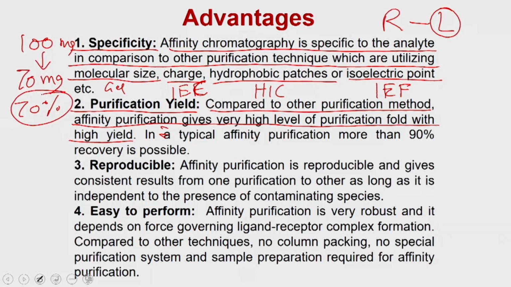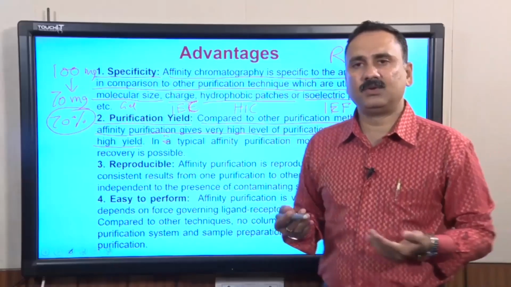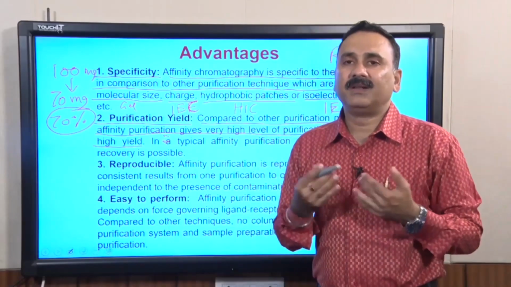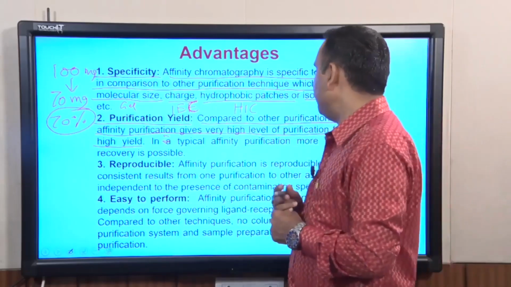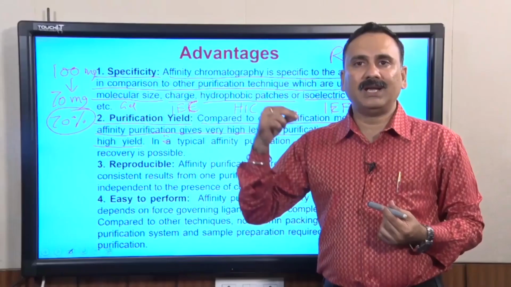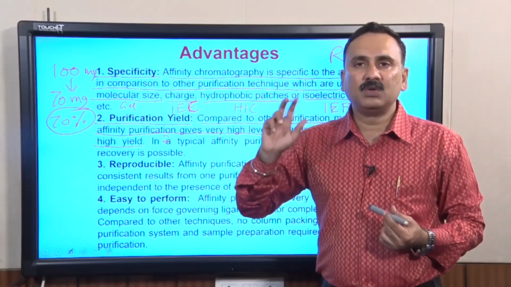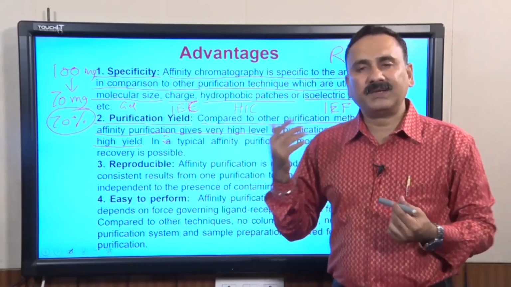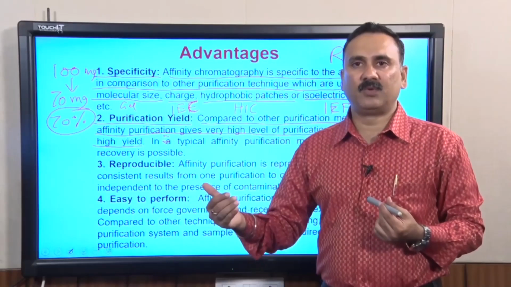So, if you divide 70 by 100, you get 70%. That is why the yield is very high, which means even if you have a very small amount of protein, you are going to have very little loss in the purification protocols.